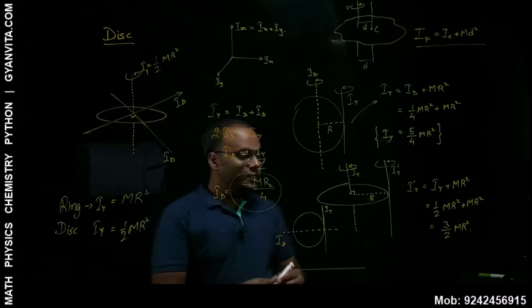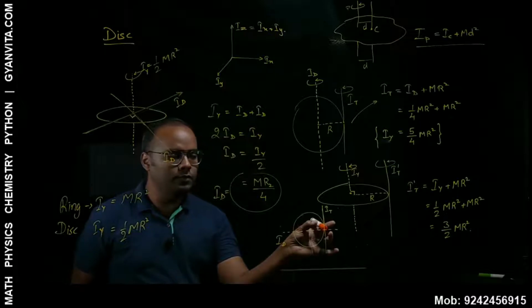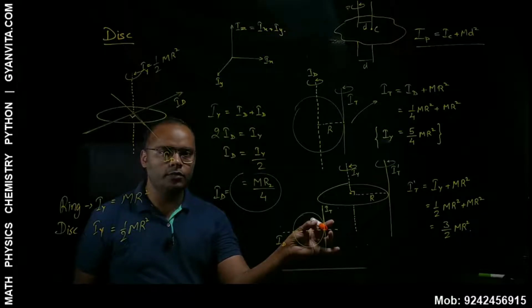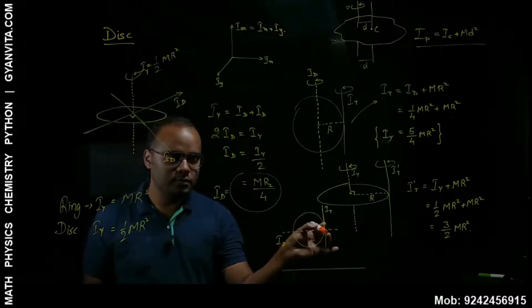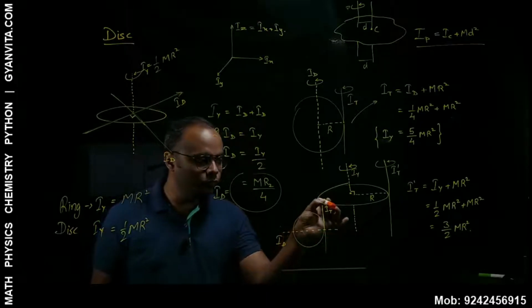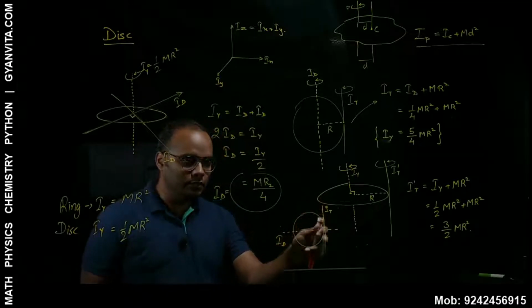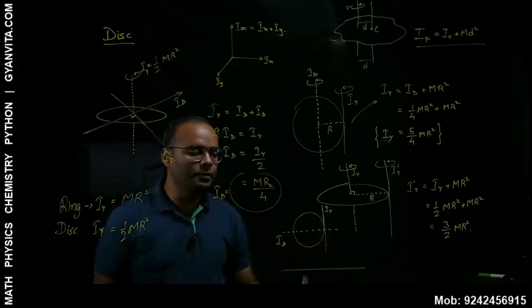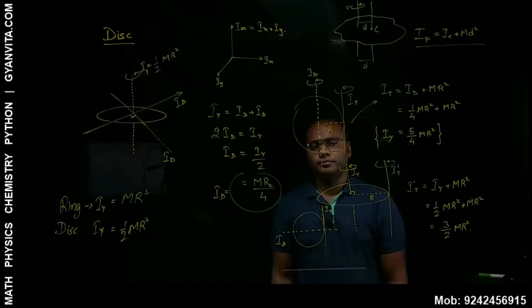This tangent is perpendicular to the plane of the disk, so it will be something like this. And this axis will be perpendicular to both IT and ID, I mean the tangent in this plane and the diameter. And here I can apply the perpendicular axis theorem, right?